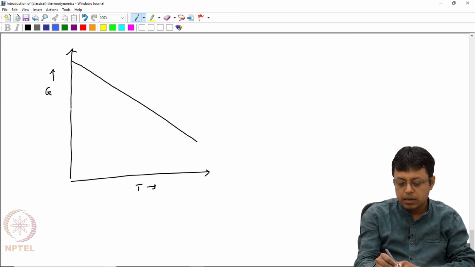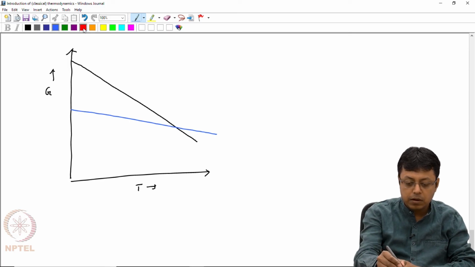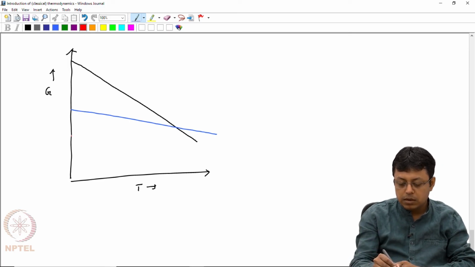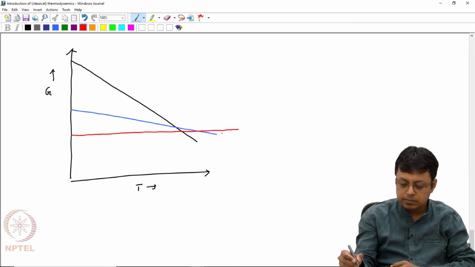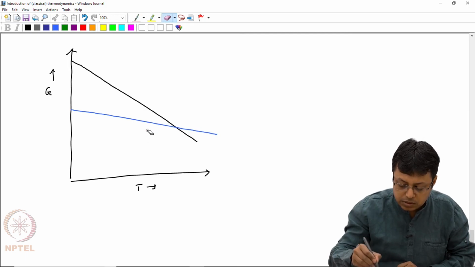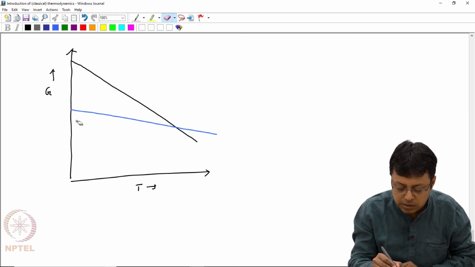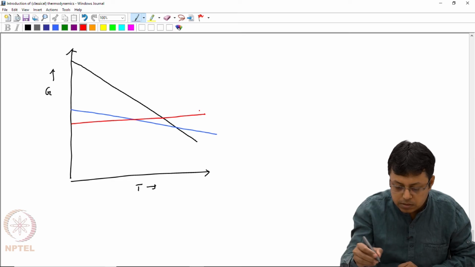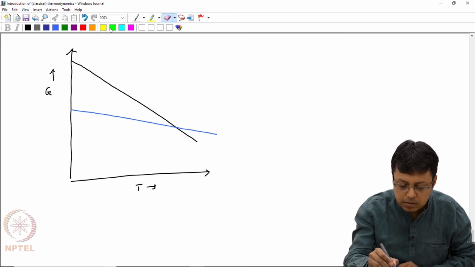Suppose this is something like this, and then we also have a curve for the solid, and let us draw a curve like this. So the solid and liquid, the difference will be less. So that's why the drawing has to be very perfect, and then we have something like this.